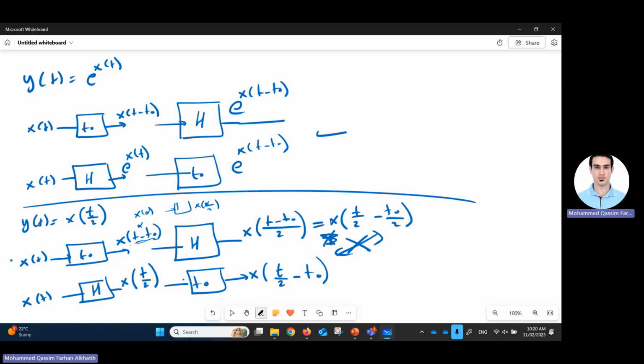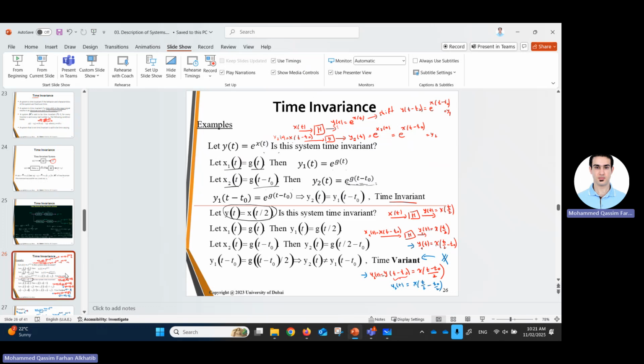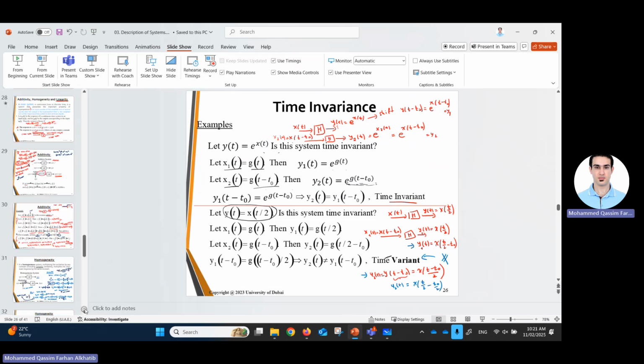In there, you don't do the shift for this t, you do the shift for the whole thing. Again, x of alpha, do the shift, you'll get x of alpha minus t naught. Substitute back alpha, t over 2. Clear? All right. So time varying and so on.